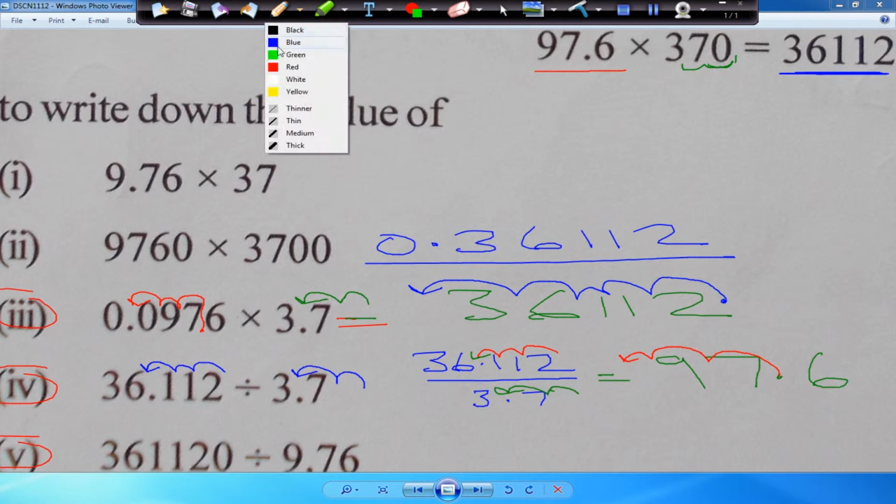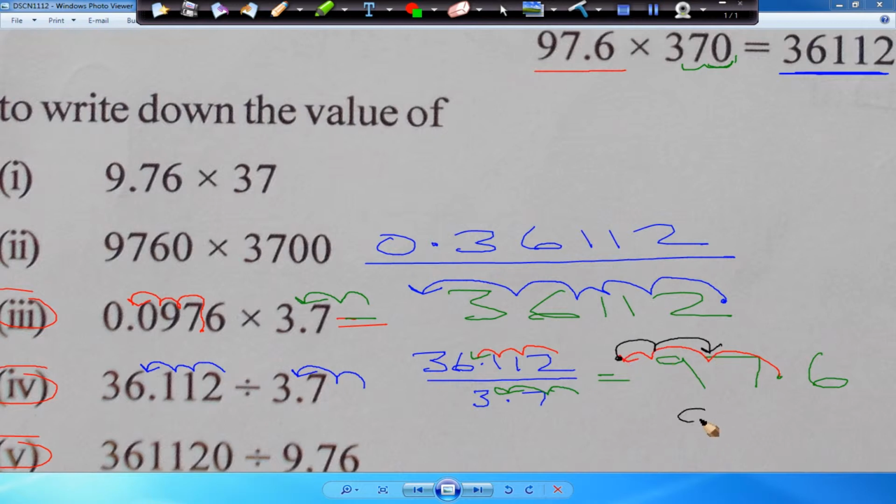Next, when we make the bottom number 100 times smaller, what do we make the answer? 100 times bigger. There it goes backwards again. So the answer finally stops at 9.76. So you have to look: these three become these three, and these two go backwards because it has an inverse effect.